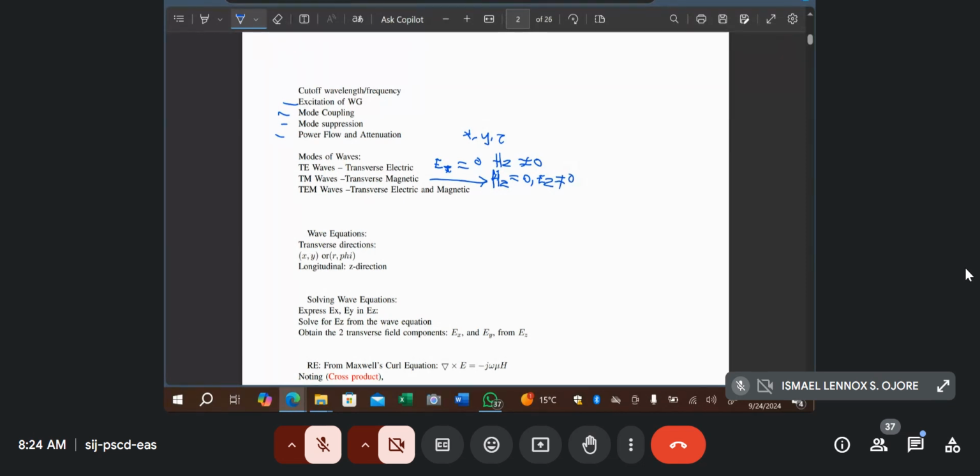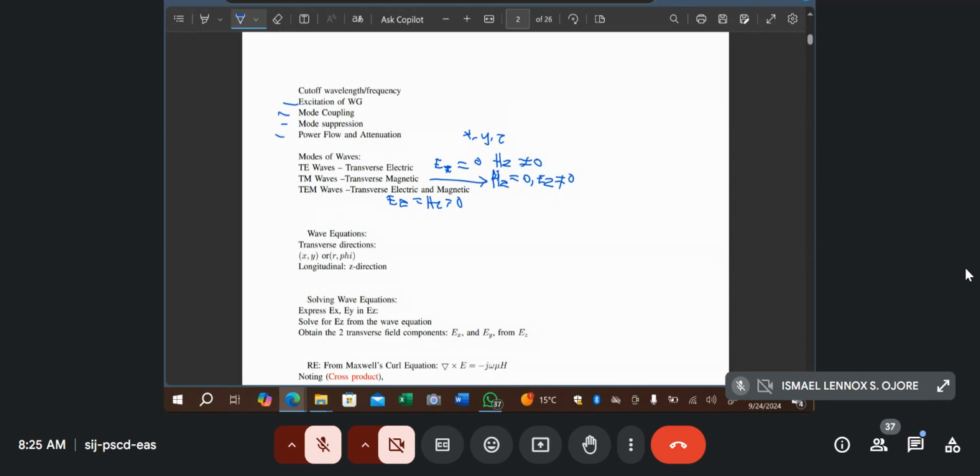Not equal to 0. And in the transverse electric and magnetic waves, it means both. Anyone for the term? Both Ez and Hz are 0. So for transverse electric and magnetic, we have Ez equal to Hz equal to 0.